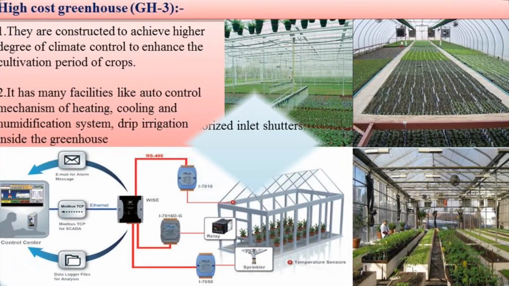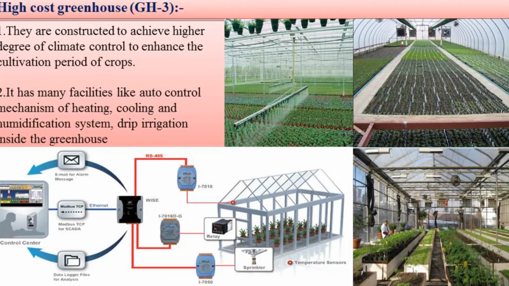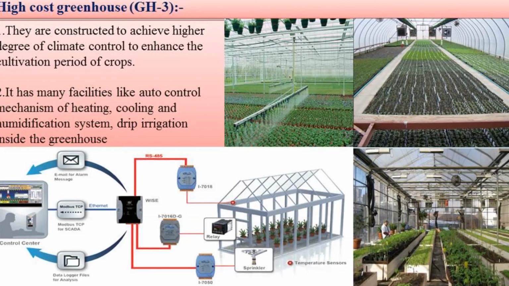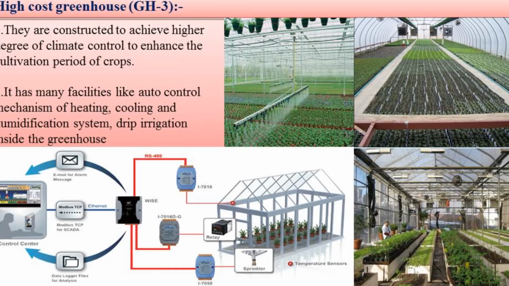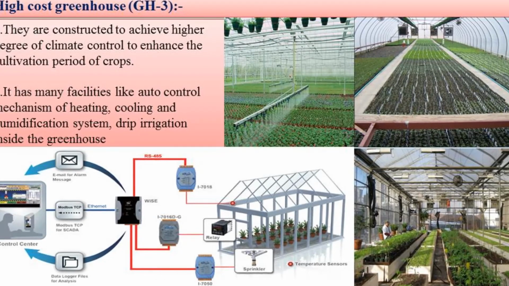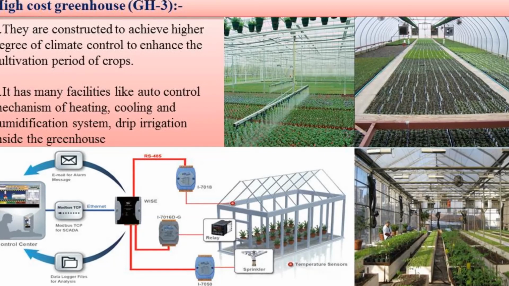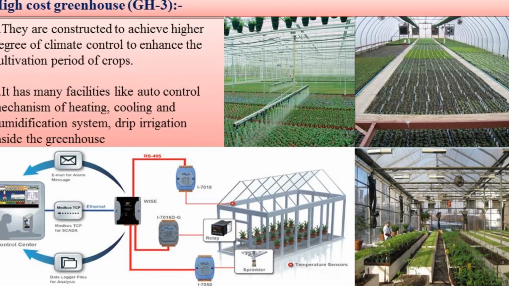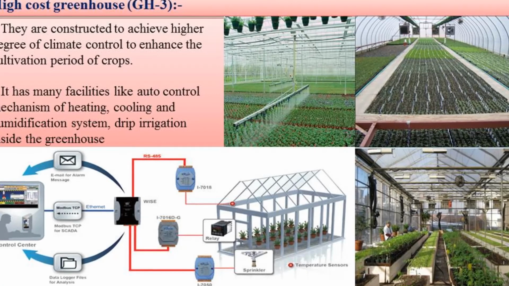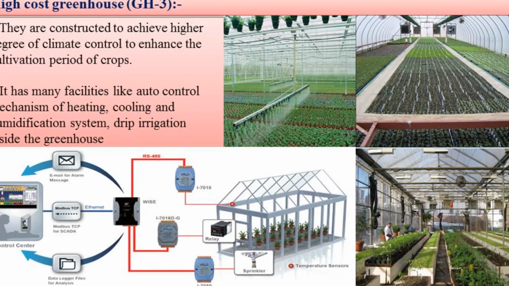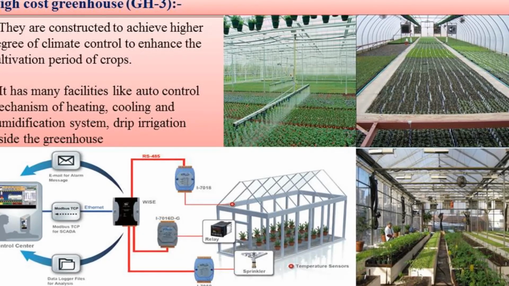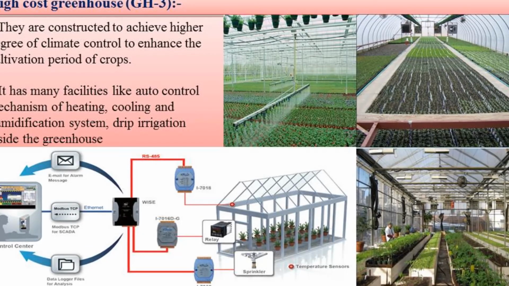This is the third type and last part of this topic, that is high cost greenhouse, that means GH3. Such a greenhouse is constructed to achieve a higher degree of climate control inside the polyhouse, and it helps to provide optimum climatic conditions for favorable growth of the crops.